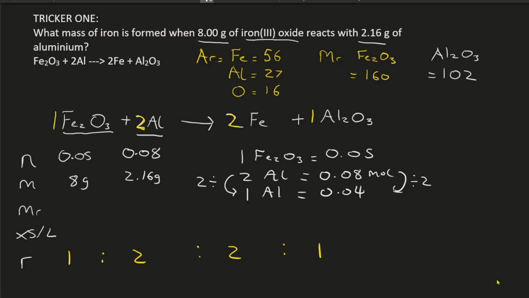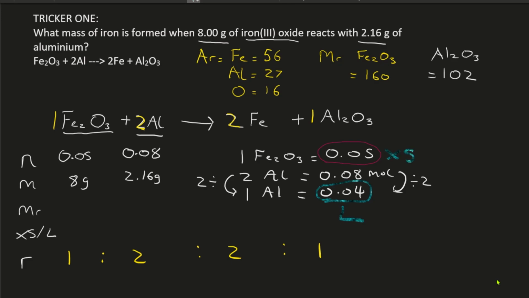So we've got 1 mole, and I'll circle this in red, or pink, 0.05 for the iron oxide, and then in the other color we have our 0.04. Now from both of these you can see that 0.04 is smaller than the 1 mole of iron oxide. So therefore this is indeed our limiting reagent, and this one is in excess.